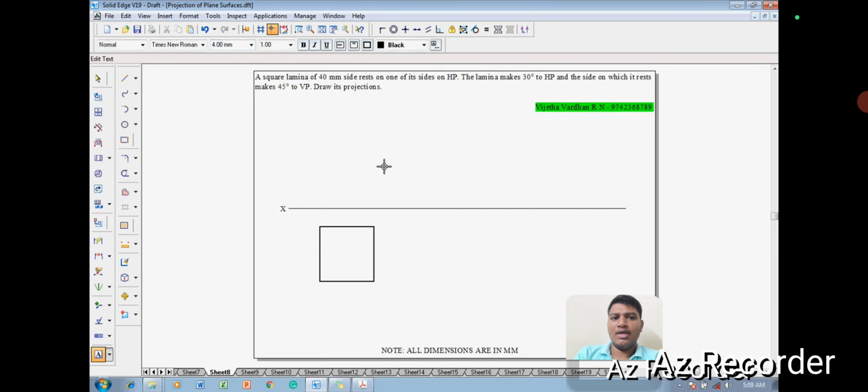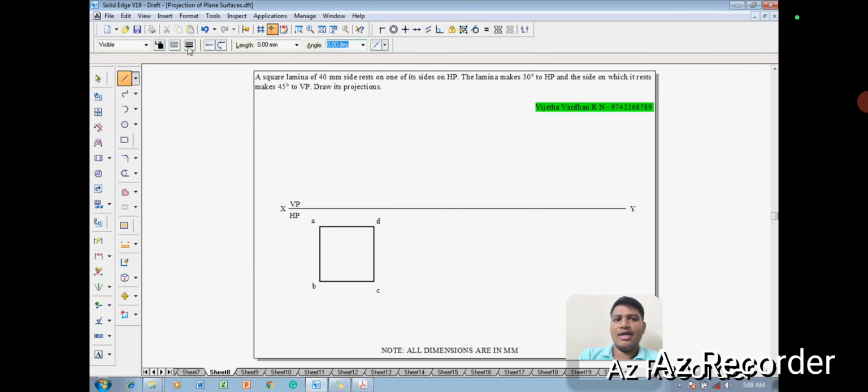I will mark the X and Y line. So as I took the square, I will mark out the sides of the square as A, B, C and D.